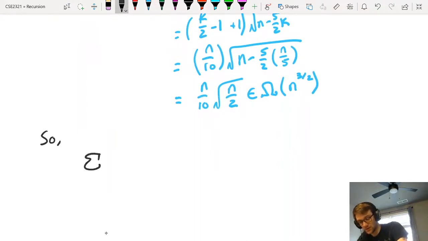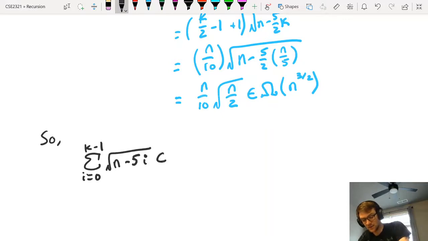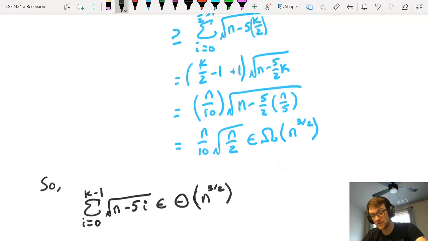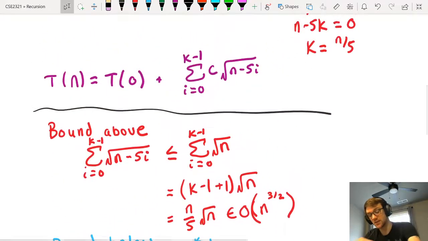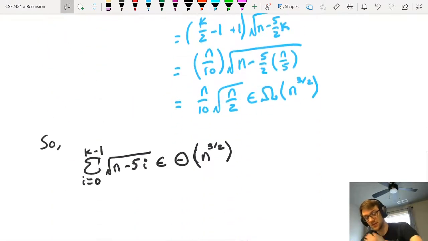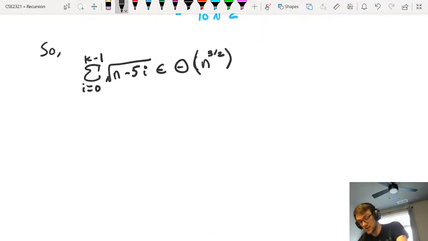So the original summation from i equals 0 to k minus 1 of radical n minus 5 times i must be in theta of n to the 3 halves. With that in mind, we can now take the summation that appears in our recurrence relation up here and substitute in theta n to the 3 halves.